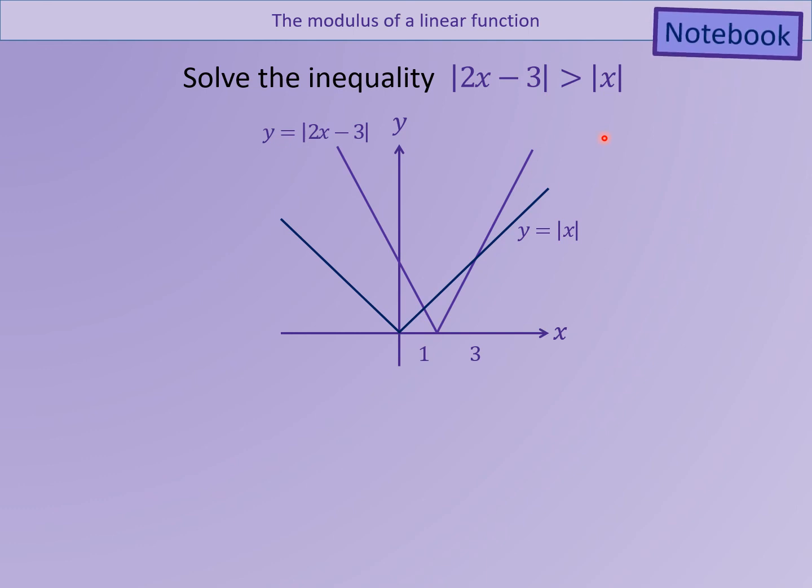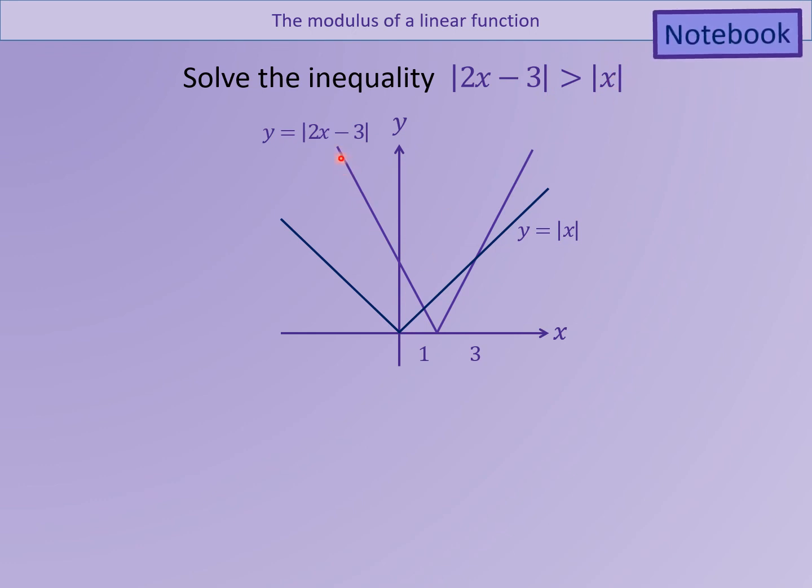Okay, if you've got the graph in front of you, if you've actually drawn it all out, the answer is very similar to any other inequalities you've drawn. If you think back to x squared, for example, if you've got a straight line and a quadratic, it's exactly the same sort of concept as that. You're trying to think, when is this graph just here bigger than this graph just here?